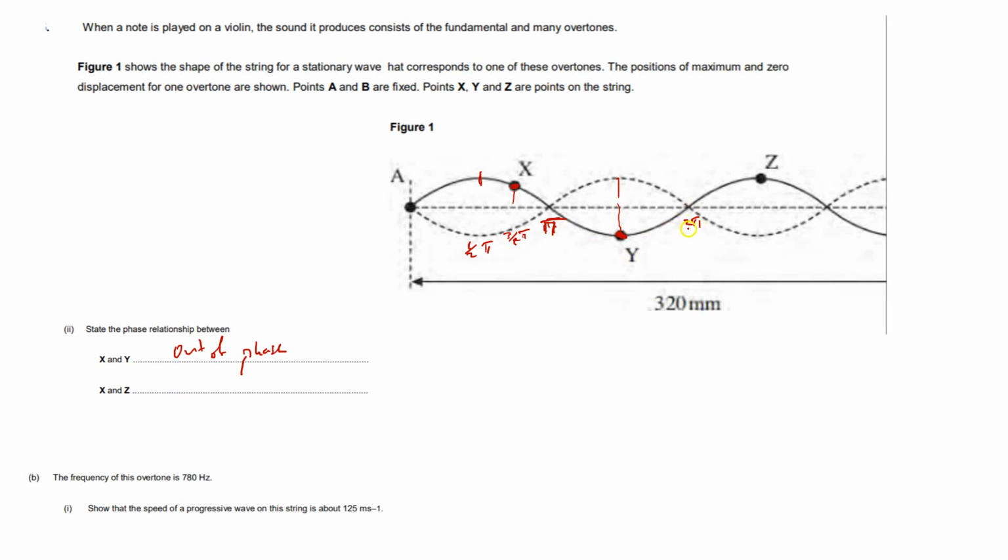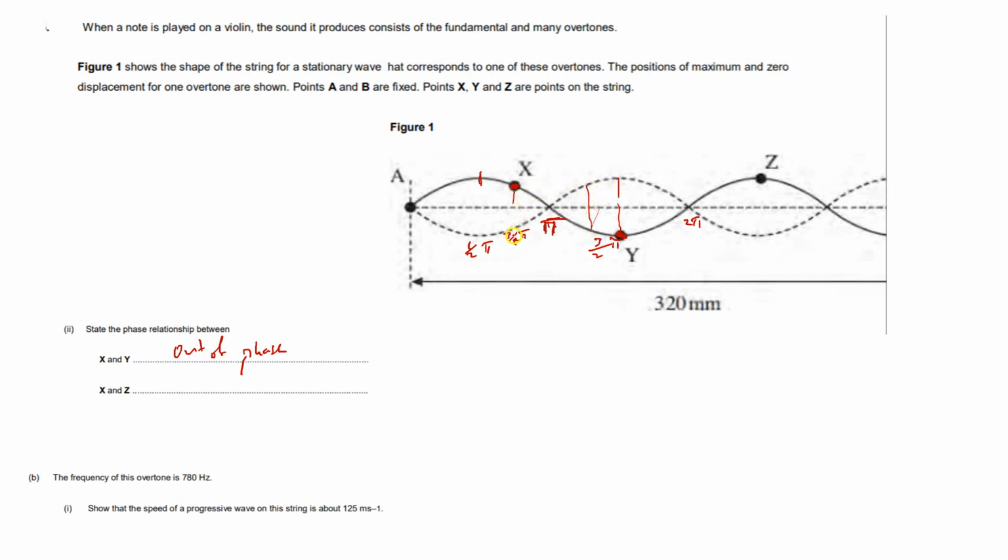That is 2 pi. So this is going to be 1.5, it's going to be 3 upon 2 pi. What we're essentially trying to do is to see how much both points are lagging behind each other. We're just looking at that.